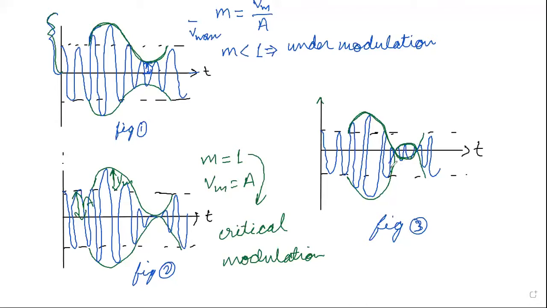So we cannot detect this type of signal very easily, because here one more problem is there. In this portion, when the signal goes from the positive to the negative side, the phase of the carrier signal gets reversed.